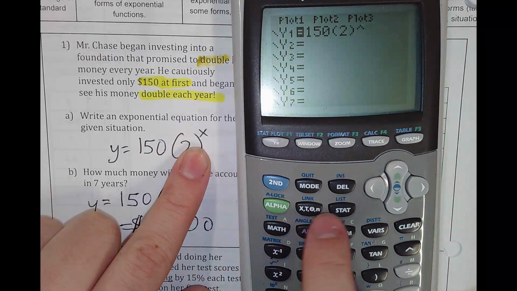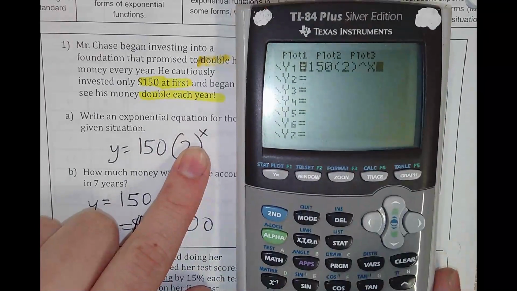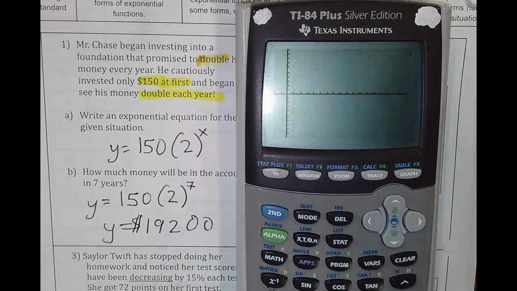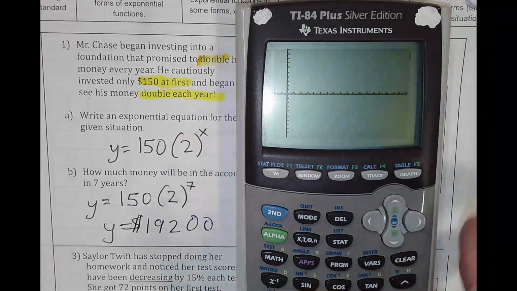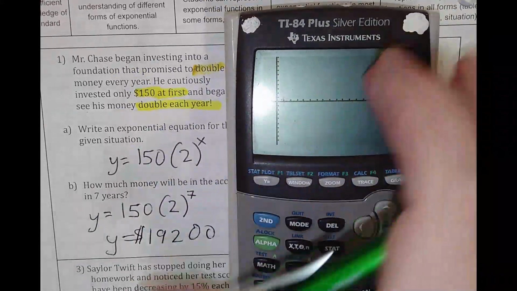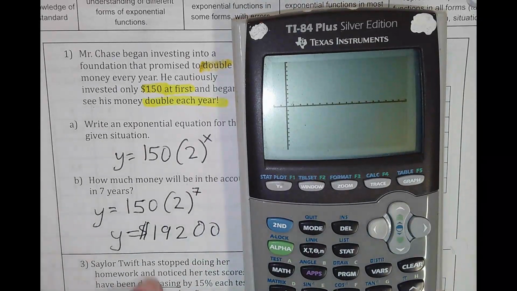Here's our x button, the x, t, theta, n button. It'll give us the letter x. If I press graph, it will show me a small version of our graph. This one might not be in the best mode right now, but the graph doesn't really visually tell us much. What we would really like to see is the table.